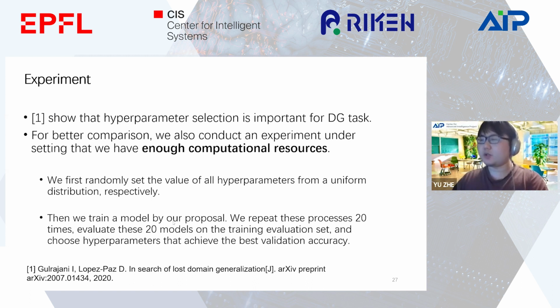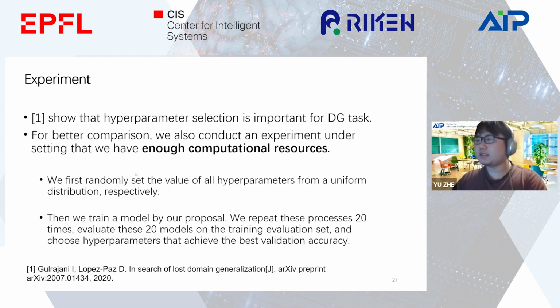And then we train our models by our proposals, and we repeat this process 20 times. We will have 20 sets of hyperparameters, and we evaluate these 20 models on the validation set and choose the hyperparameters that achieve the best validation accuracy as our final hyperparameters.